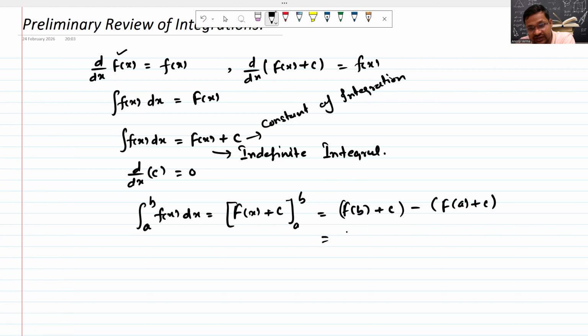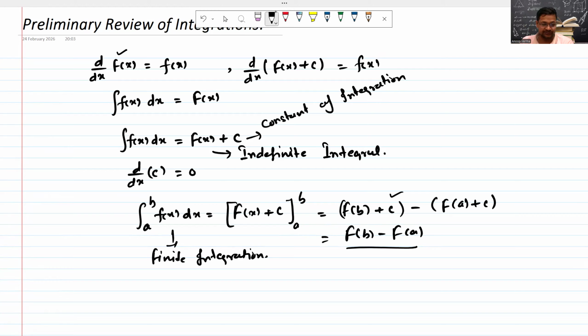So from here you get F(b) minus F(a) simply. So there is no need of this constant. So this type is called definite integration.